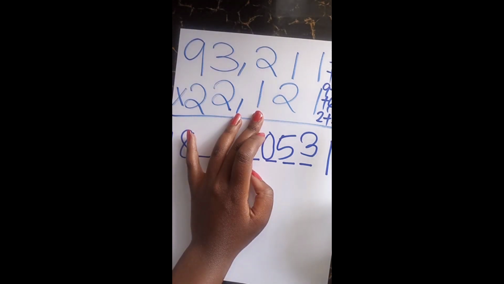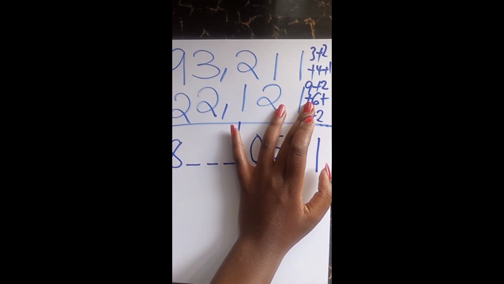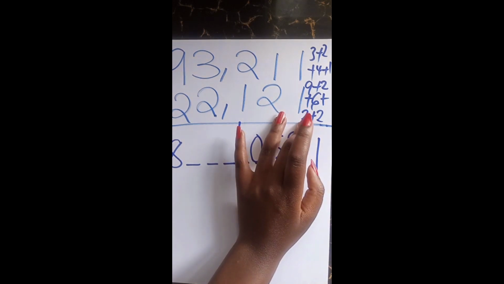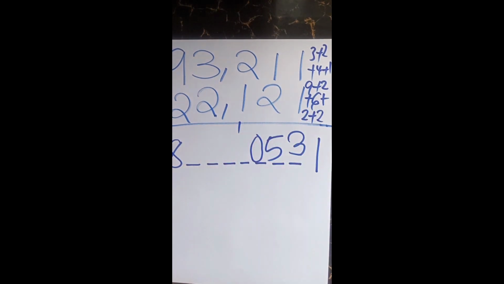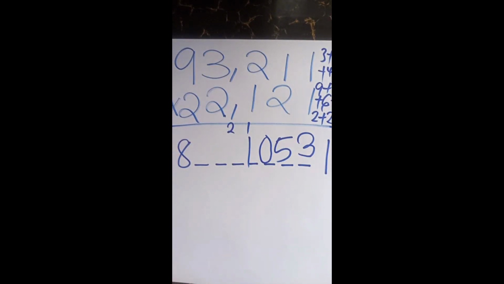So when we add, 9 plus 2 is 11. 11 plus 6 is 17. 17 plus 2 is 19. 19 plus 2 is 21. So that means that we'll write a 1 here and carry a 2 over here.